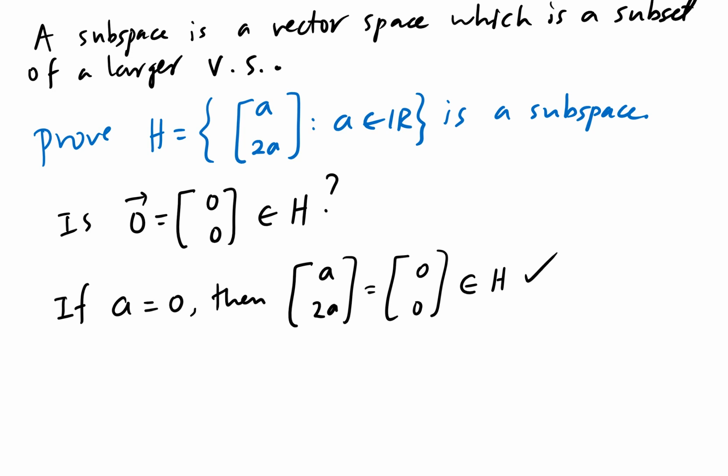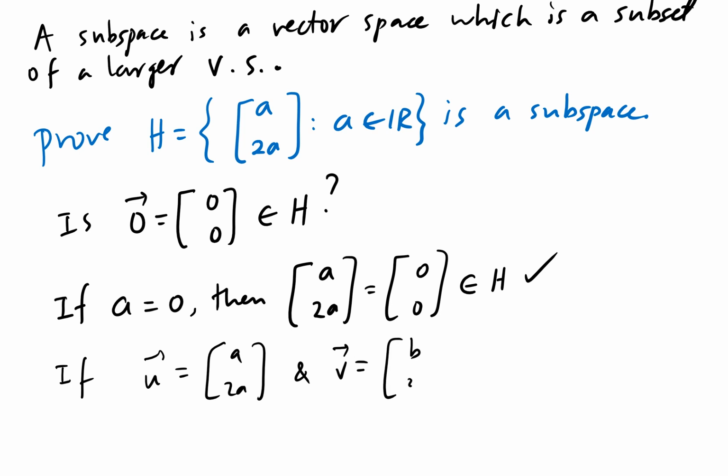Now, if we take two vectors in H, say U is (a, a) and V is (b, b), then what is their sum?